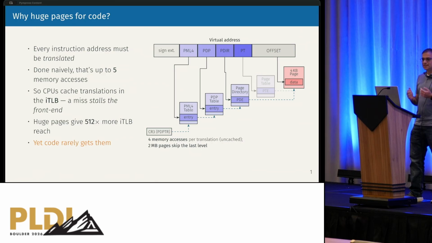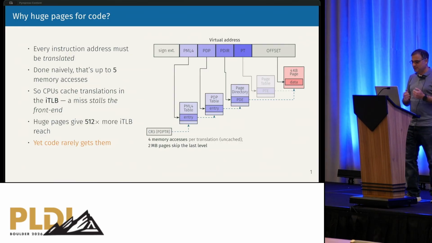So the solution the CPU employs is to hold the cache for those translations, which is called TLB, Translation Look-Aside Buffer, or more specifically in this case, an instruction TLB, iTLB. The iTLB is really important, in fact, more than the DTLB, the data TLB, because if we don't have the next instruction, the out-of-order execution cannot hide the latency because we don't know what else we are supposed to do.